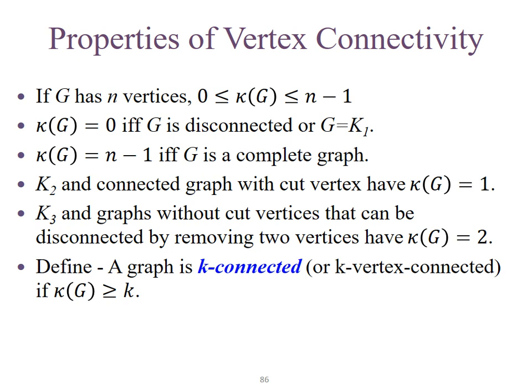If the vertex connectivity of graph G is larger than or equal to K, then it is a K-connected graph. That means you need to remove at least K vertices to make it disconnected. So we call this graph a K-connected graph.